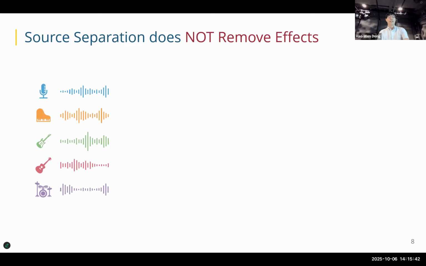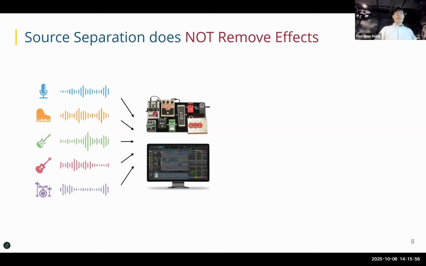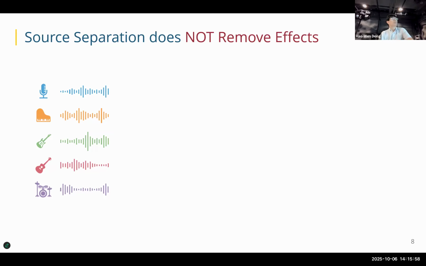And also one of the misconceptions of source separation is that source separation does not remove effects. That's one of the common myths of source separation. It won't remove effects. Think about how you do music production: you record a bunch of tracks, usually dry in a studio, very quiet, with no reverb or any effects.